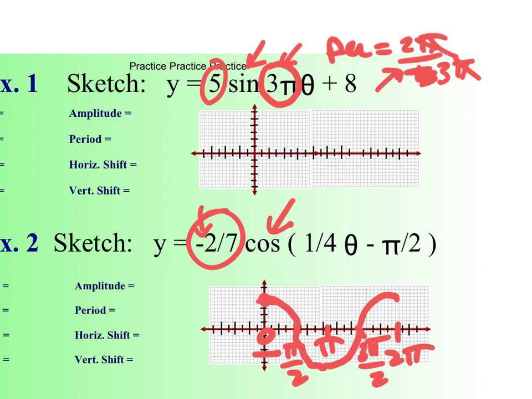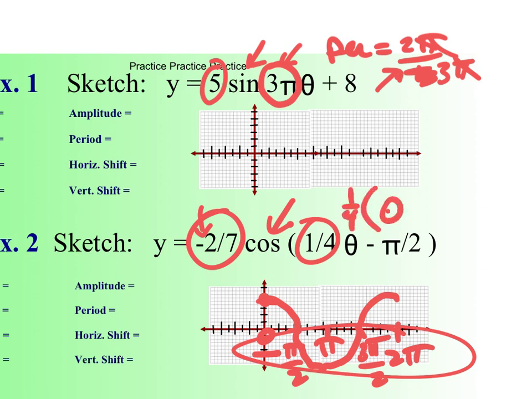And then I would want to renumber that x-axis because of this 1/4 right here. Why? Because that's affecting the horizontal, which affects these numbers here. Okay, so I would factor out that 1/4, and then I would have theta minus, and then what is pi over 2 once you divide it by 1/4? That's what it means to factor something out of something.